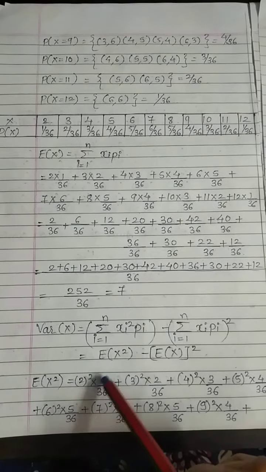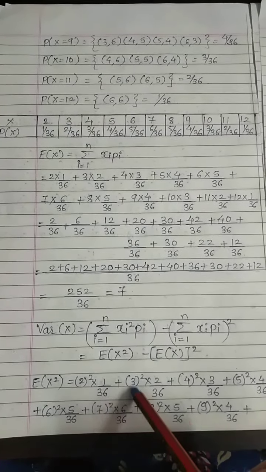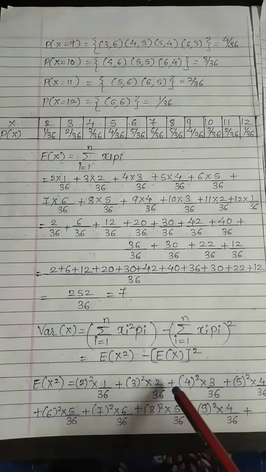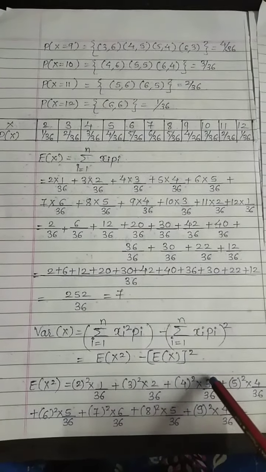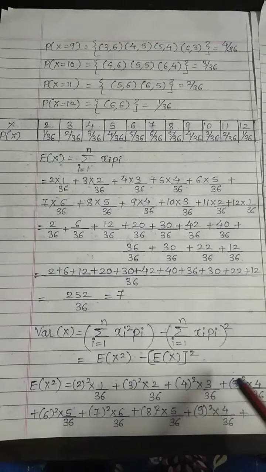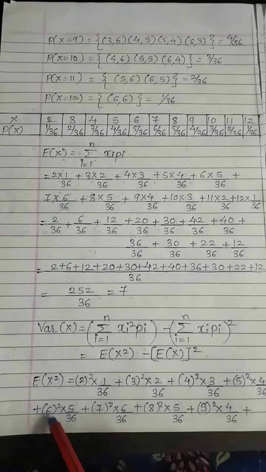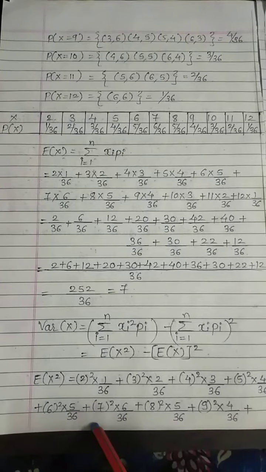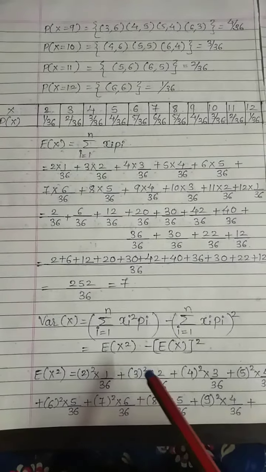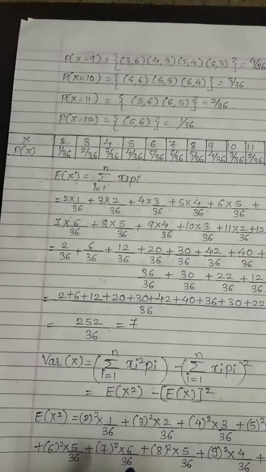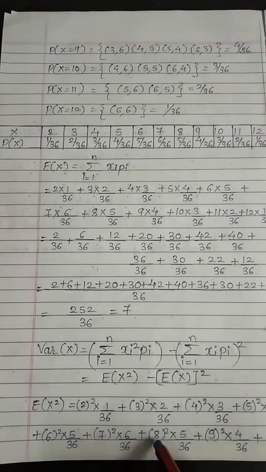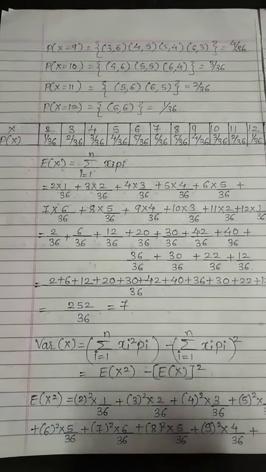So 2 square into 1 upon 36 plus 3 square into 2 upon 36 plus 4 square into 3 upon 36 plus 5 square into 4 upon 36 plus 6 square into 5 upon 36 plus 7 square into 6 upon 36 plus 8 square into 5 upon 36.